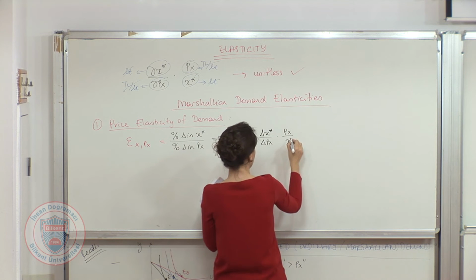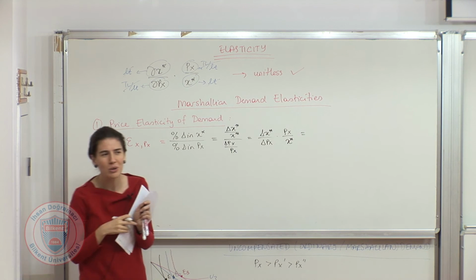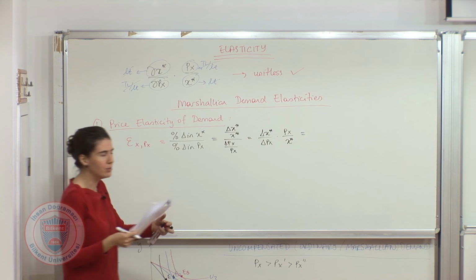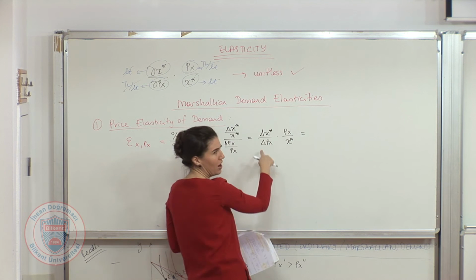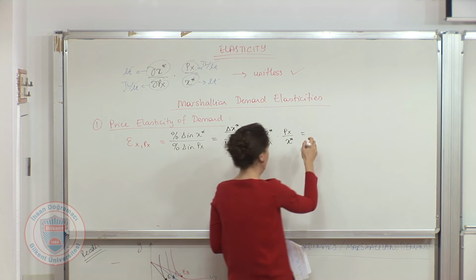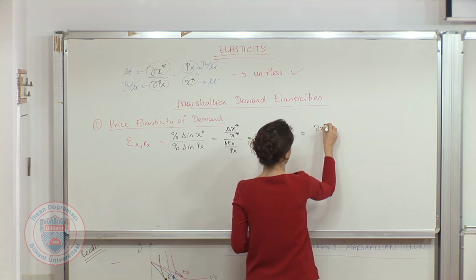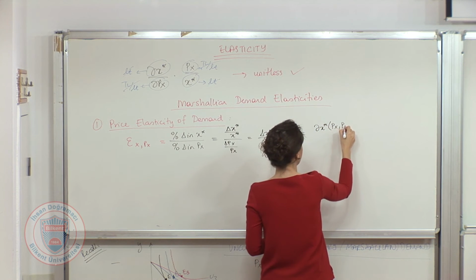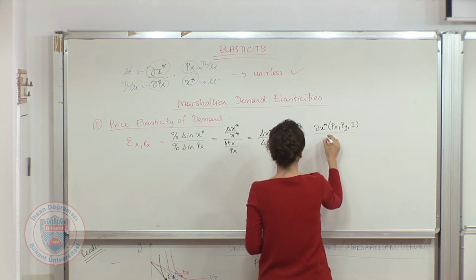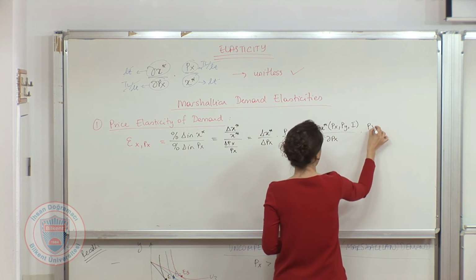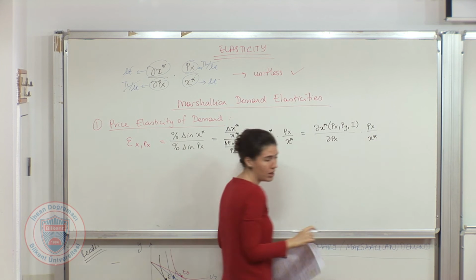This is actually what you have seen in Econ 101, but now we know what these terms are. So this was the baby version. More formally, we can write it like this: del x star over del px, times px divided by x star, okay?